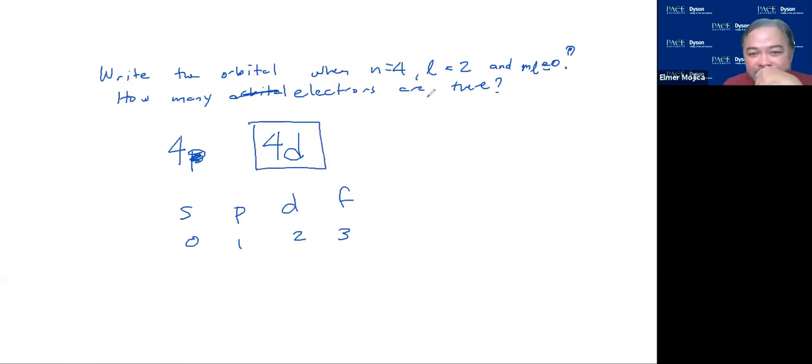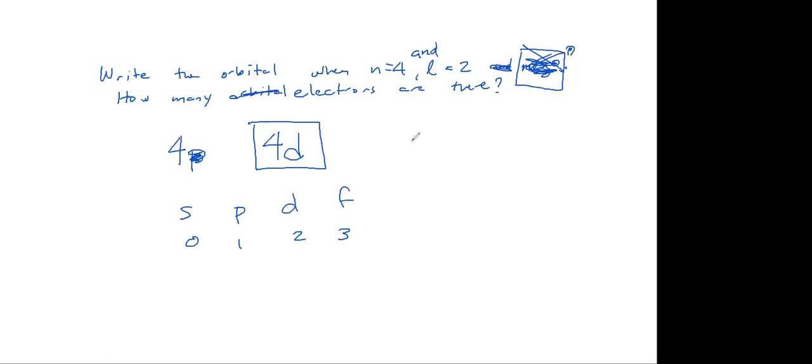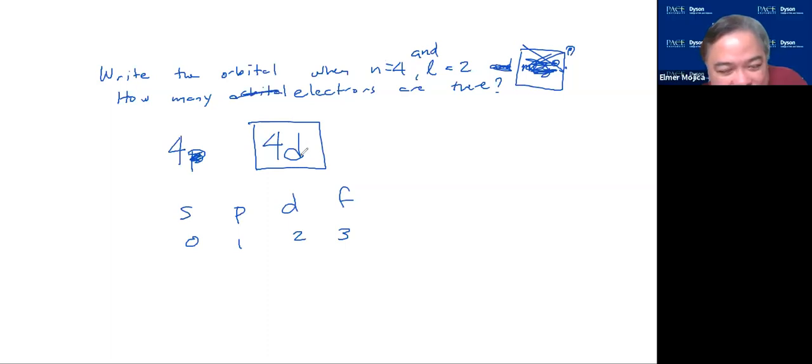So how many electrons are there? If you are not given this one, what will be your answer? 10 electrons? So how many electrons are there when n is equal to 4 and l is equal to 2? 10. So you have there a d orbital. Right?